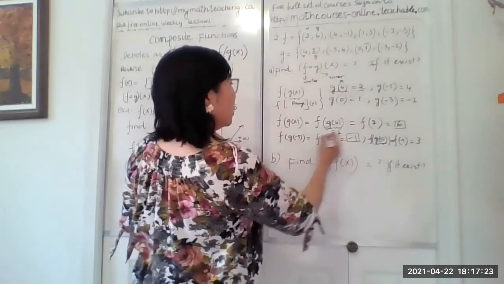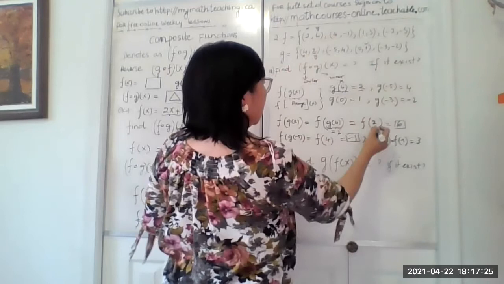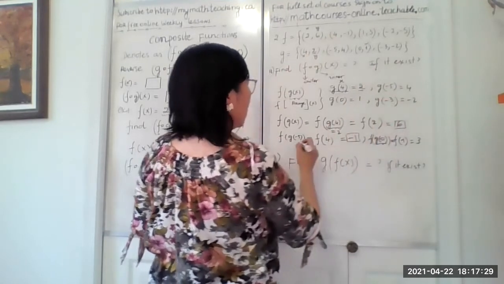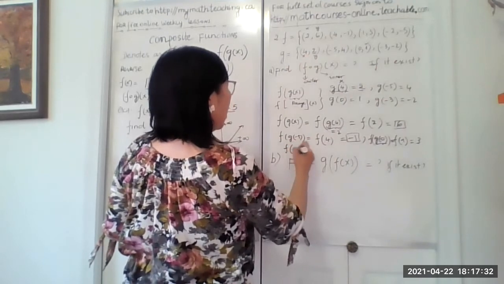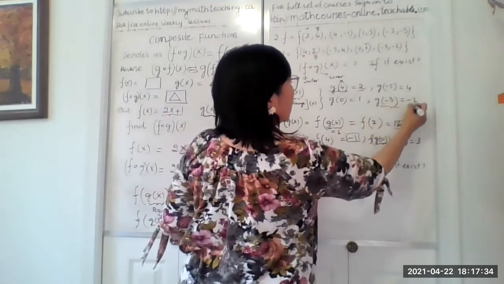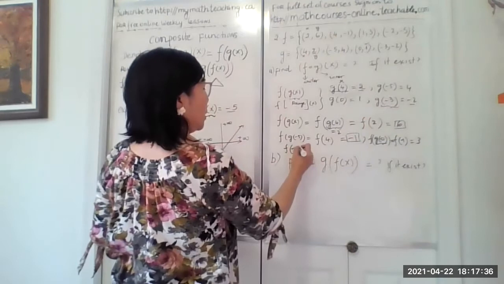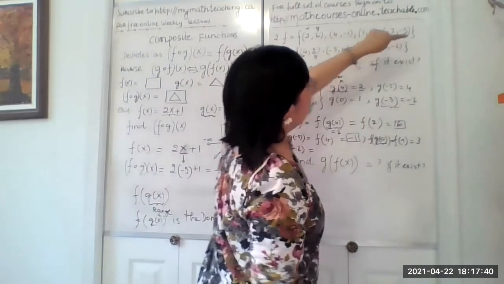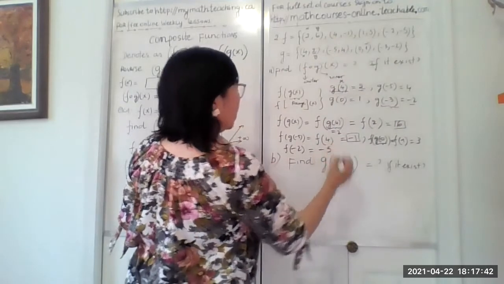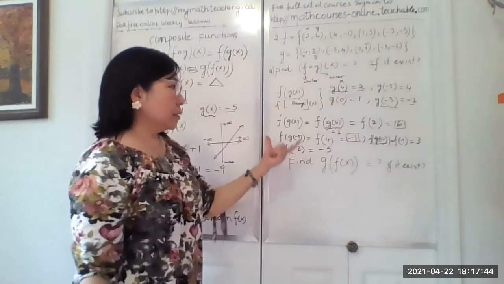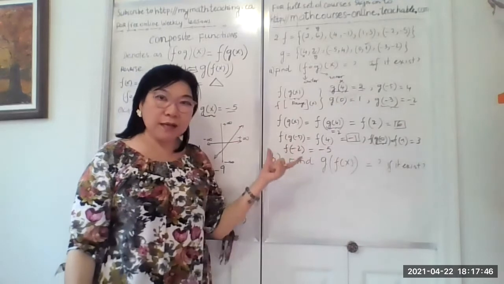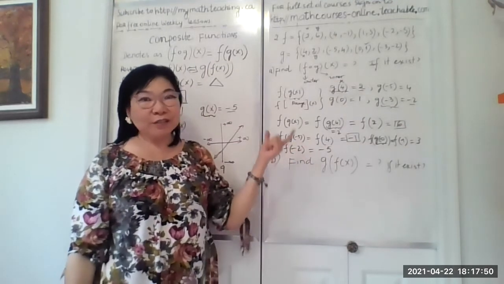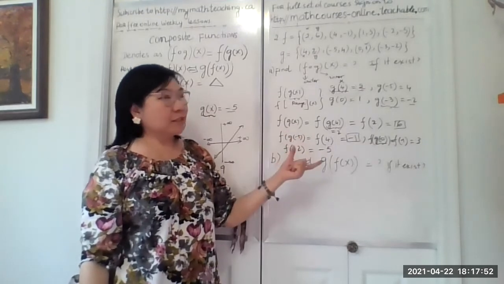So now the next one. We dealt with g of 0, now we do g of -3. So g of -3 is -2. So let's put here f of -2. f of -2 equals -5. So all of these values exist.